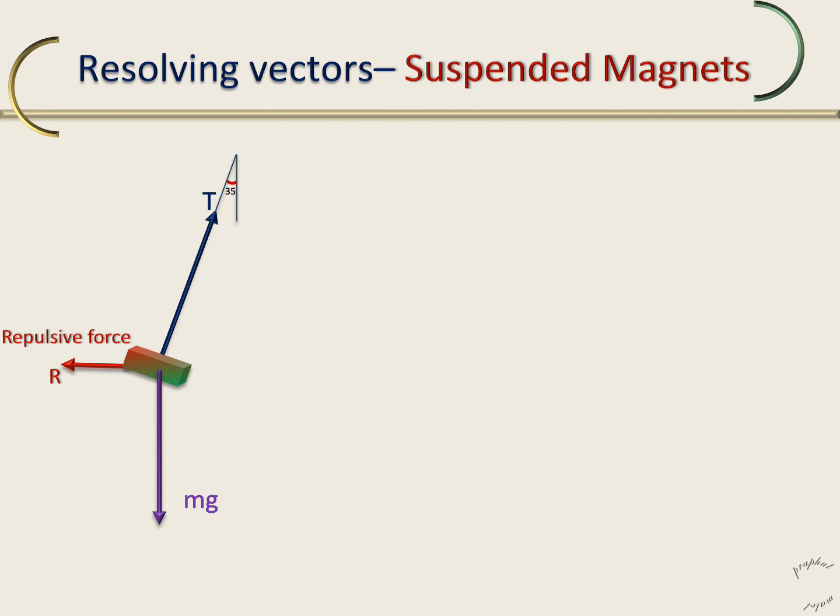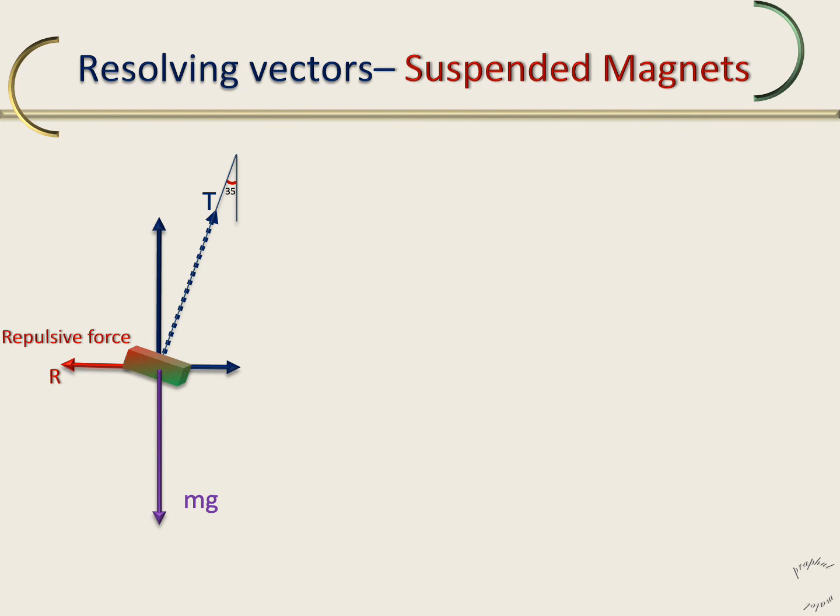I'm going to resolve tension in such a way that one component of tension comes exactly opposite of mg. Then automatically the other component will be exactly opposite of the magnetic force, because the two components should be 90 degrees to each other. Now the tension is gone. We have only two components, one exactly opposite to mg, the other exactly opposite to the magnetic force.